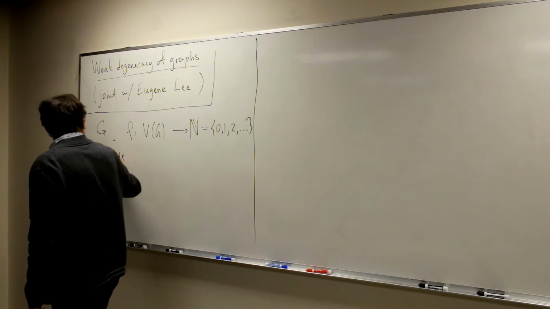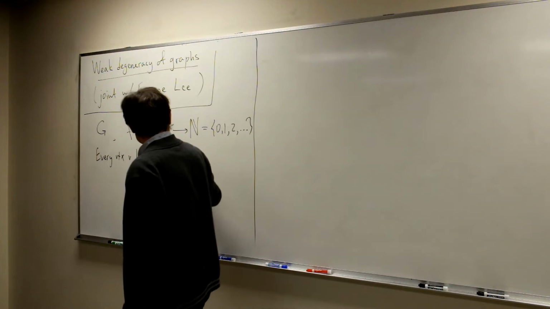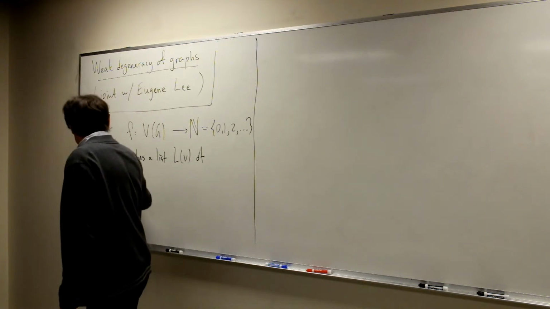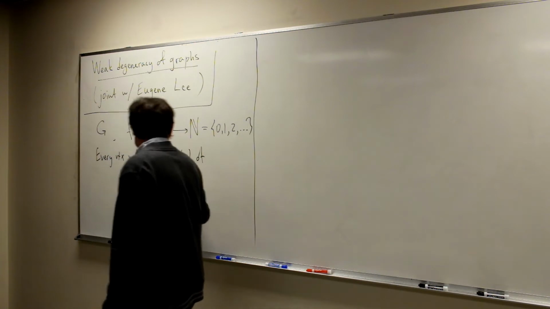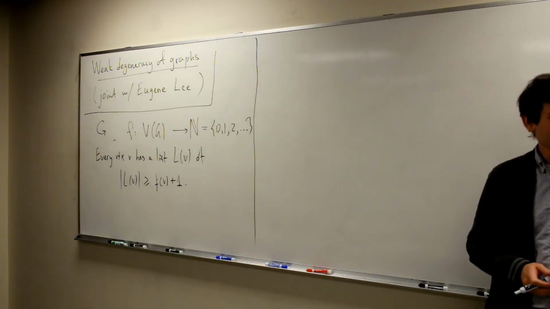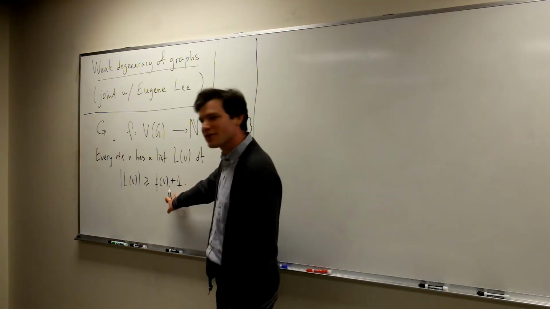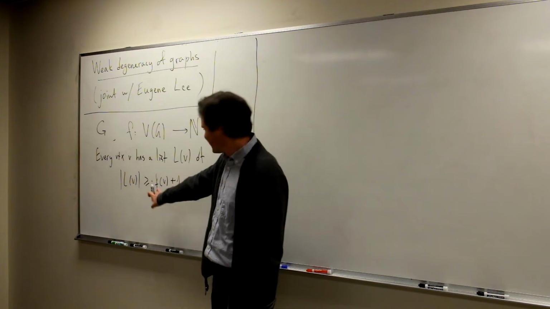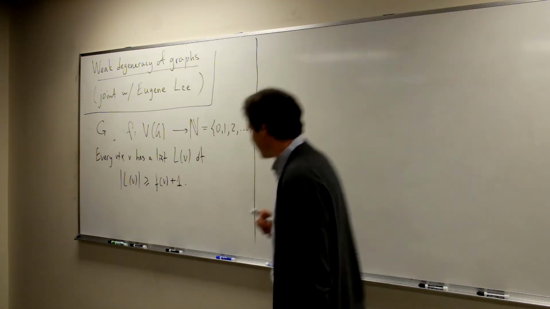Every vertex V has a list, say L of V, of how many colors? At least f of V plus 1. It seems it would be more reasonable to say that it has at least f of V colors, but just for the definitions to work out correctly, this is the setup. So every vertex has f of V plus 1 colors available to it.